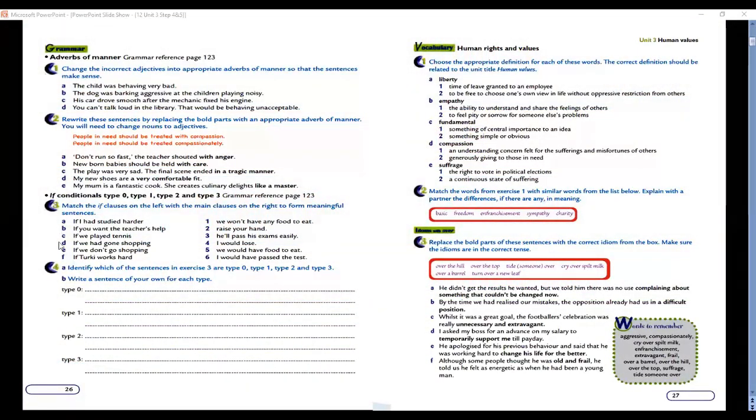As you can see in front of you, we have your student's book. This is page 26, page 27. In this part, we have grammar. We have two ideas in grammar today. The first part is the adverbs of manner. The second part is the if conditionals, type 0, type 1, type 2, in addition to type 3.